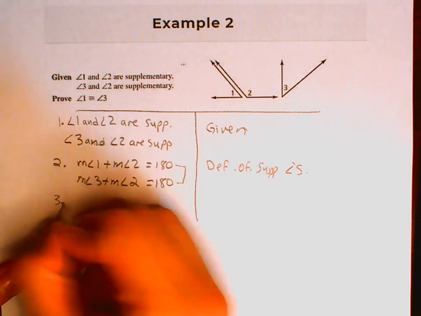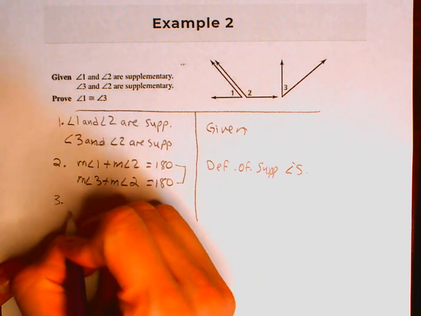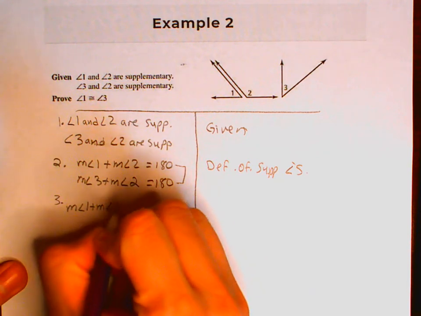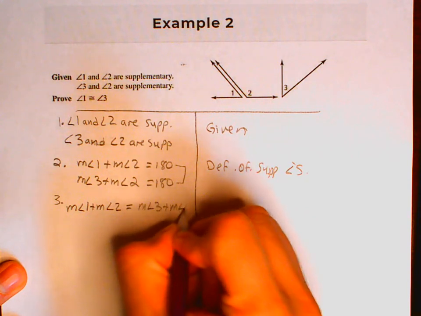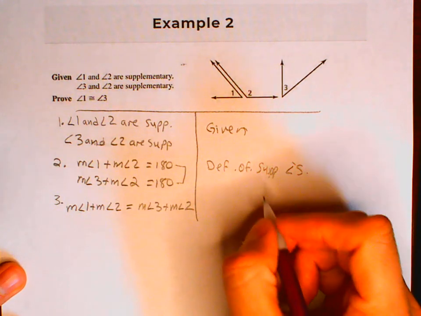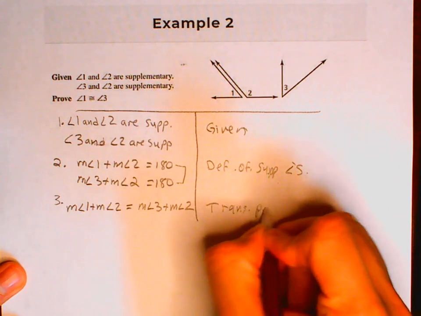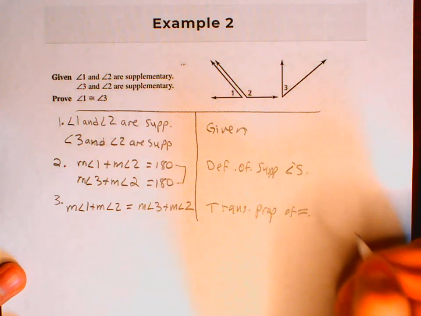So that means the measure of angle 1 plus the measure of angle 2 equals the measure of angle 3 plus the measure of angle 2. And what did I just do? I just applied the transitive property of equality.